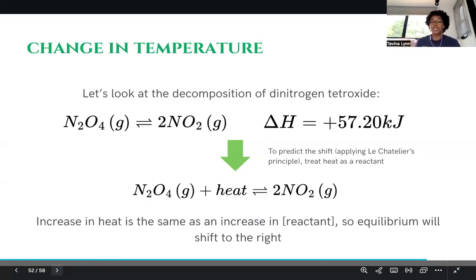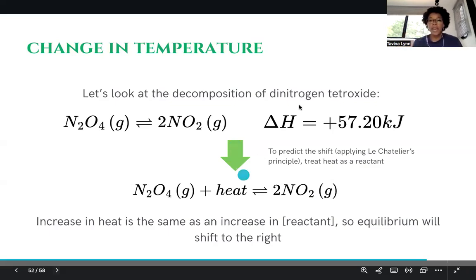So an increase in heat, if we were to increase the temperature, would be the same as an increase in a reactant concentration. So the equilibrium will shift to the right, because we'd have more reactants. It would shift to the right to product formation to reestablish equilibrium.